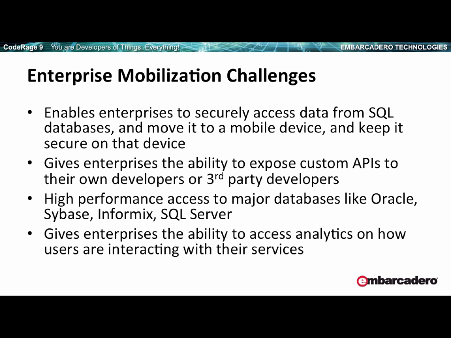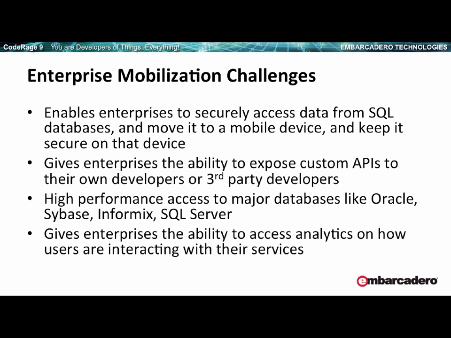So as we talk to enterprises and analysts and try to understand a bit more about the types of challenges enterprises specifically are experiencing when they try to mobilize, there were some pretty consistent challenges that they all faced. And basically these are the key ones that we focused on resolving or addressing in this first version of Enterprise Mobility Services.